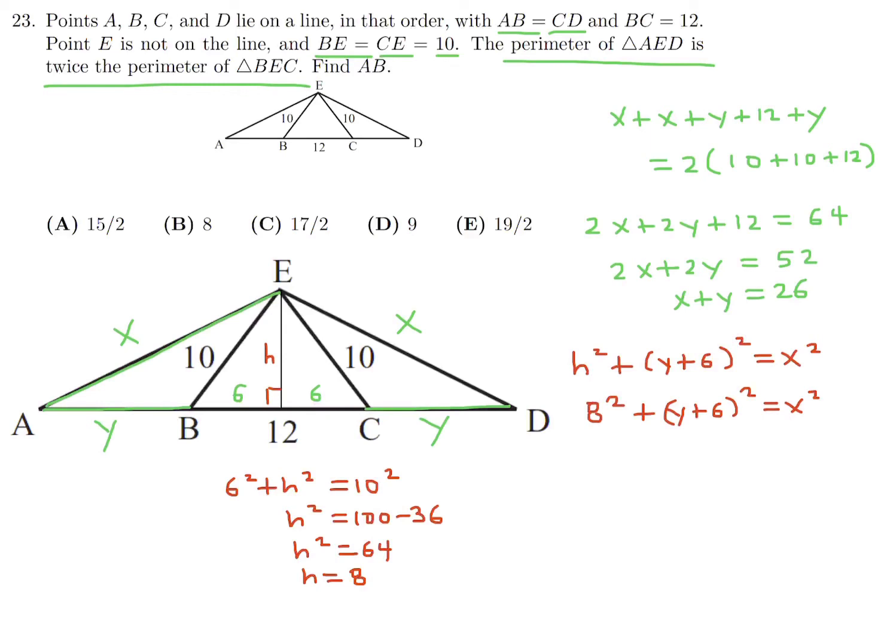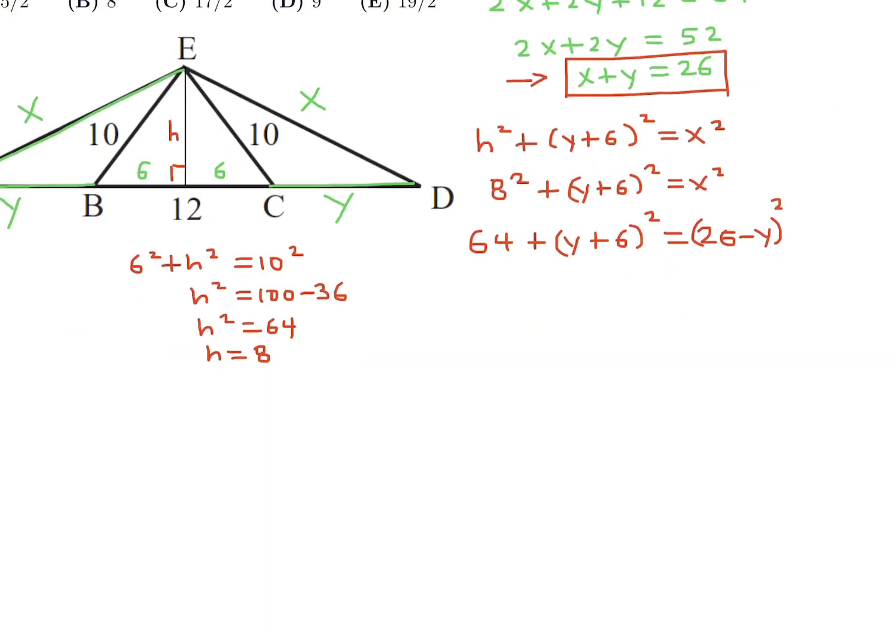Okay, and then the good news is that we have this formula right here, so we can isolate for one, and that way we can substitute it into the other. So 64 plus y plus 6 squared, and instead of x, I'll put the relationship there. So x in that one becomes 26 minus y, correct? 26 minus y is x, and therefore we have that.